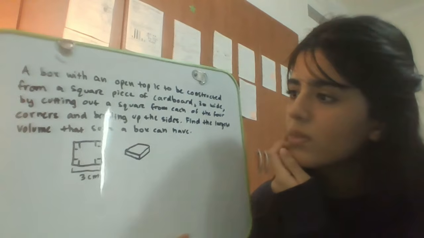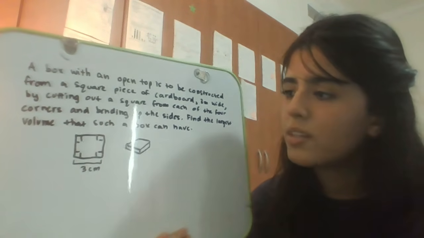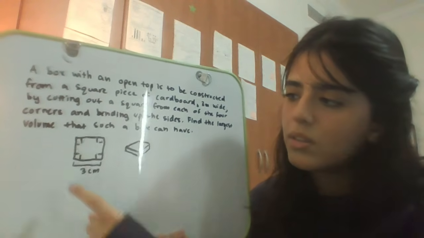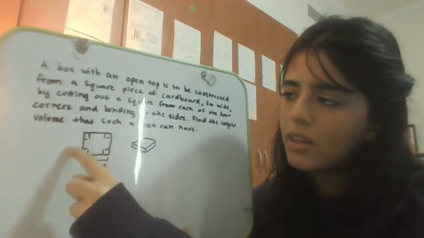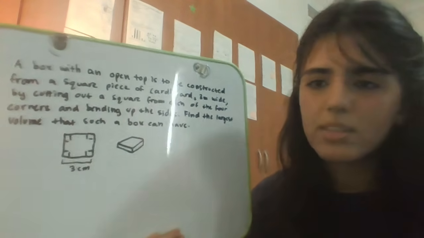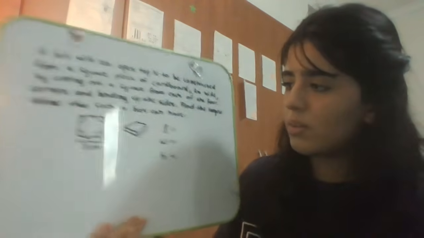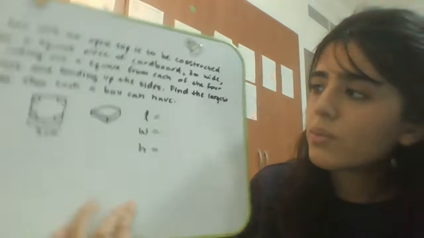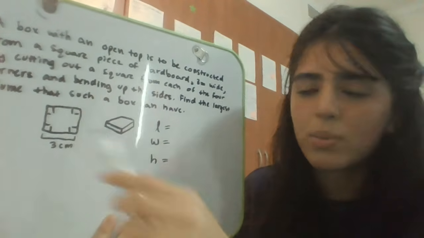Okay, so the first thing I want you guys to do is write down what each of its sides is. Okay, guys, here, I wrote these down so you can find out the new measurement of the square piece of cardboard, okay?